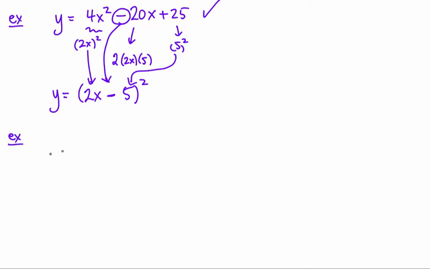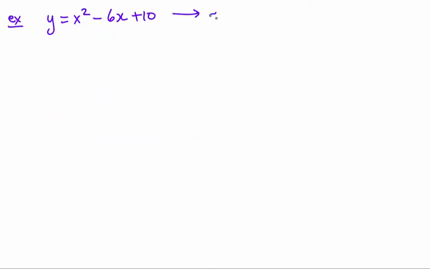So let's head back and take one like y equals x squared minus 6x plus 10, and let's see if we can get this into standard form. So what I do is I try to think about, can this be a perfect square trinomial, and what would it need to be? And it turns out that what you do is you take this value here, this is actually your b value, and you divide it by 2.